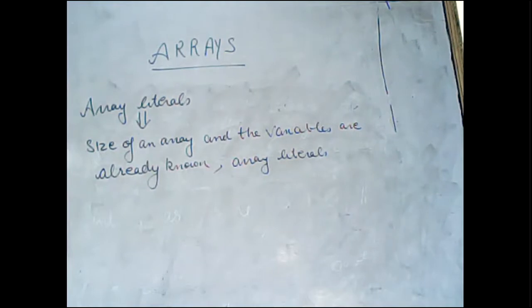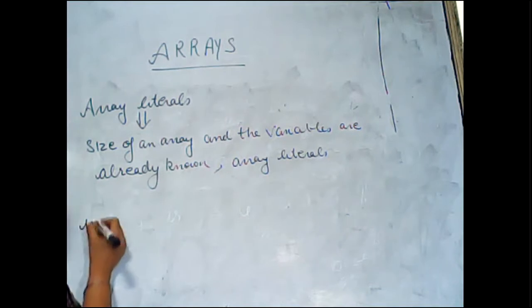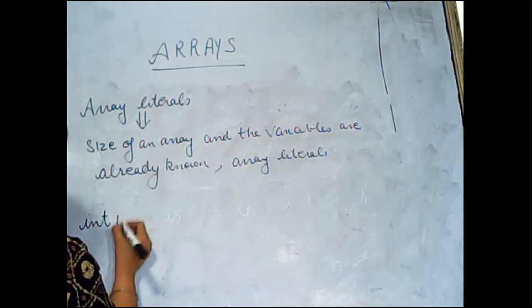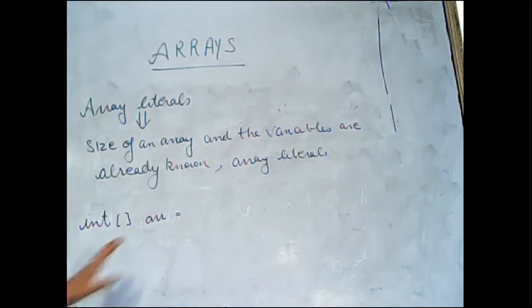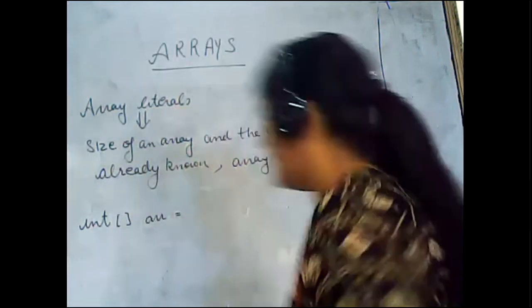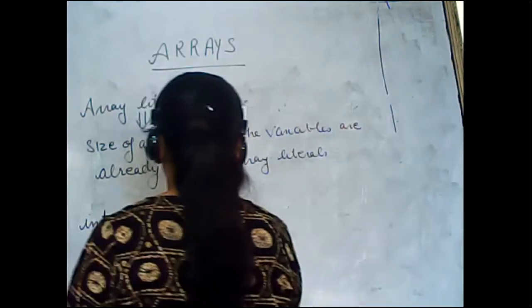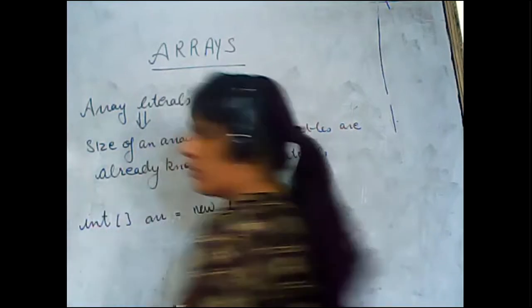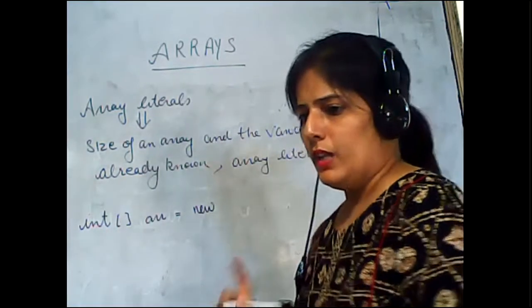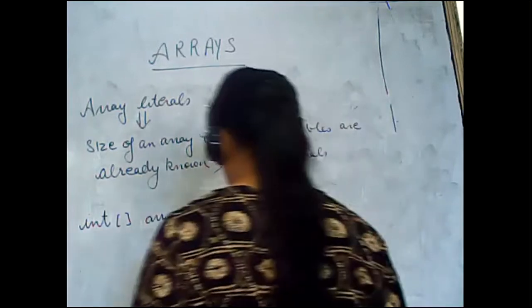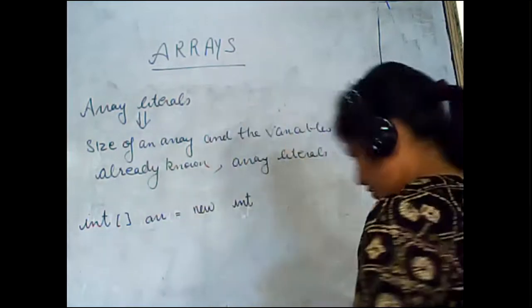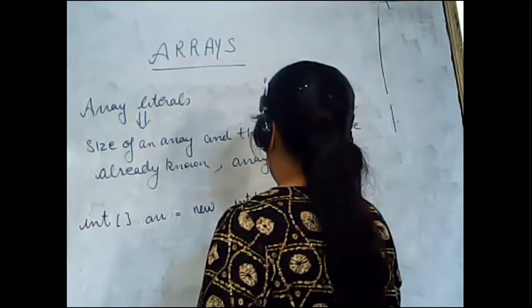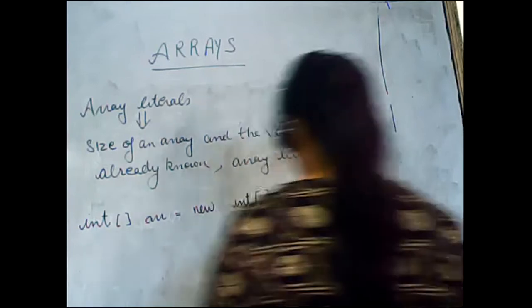Like we have int, and we have the array name like this. We have declared this particular array over here. Now we write new, which we require in order to allocate the memory, and then int, the data type we need to mention, which is the array type that we are defining.